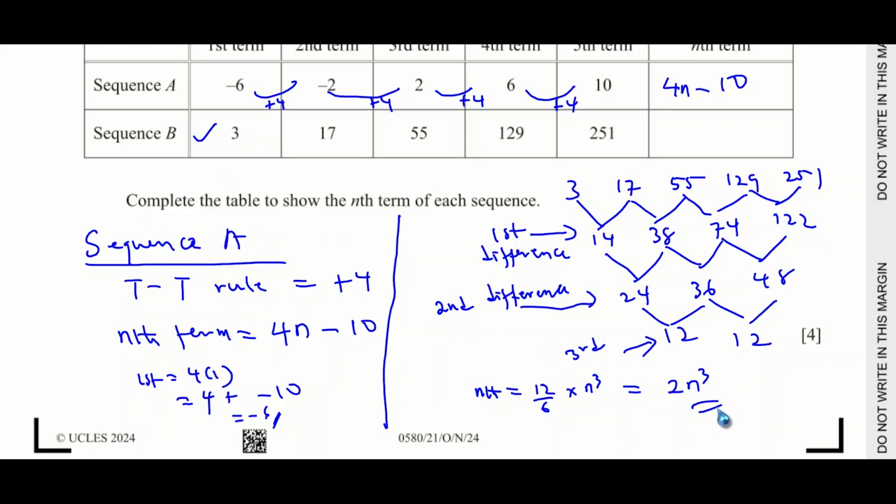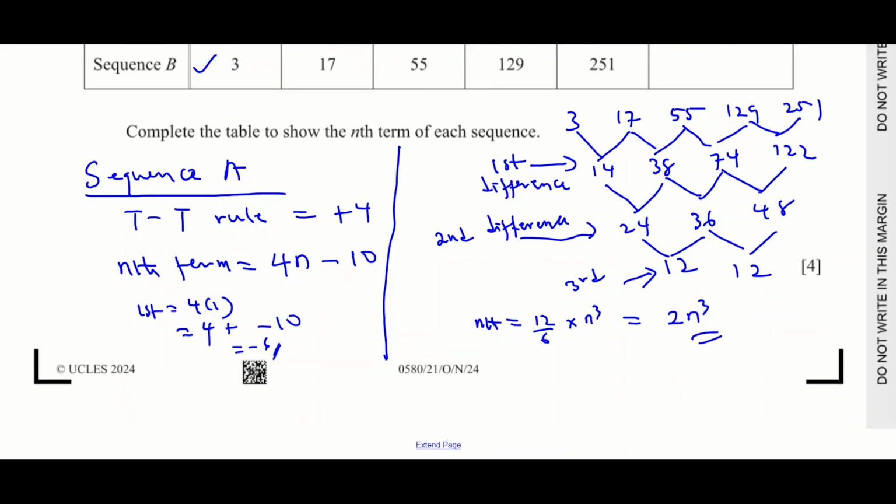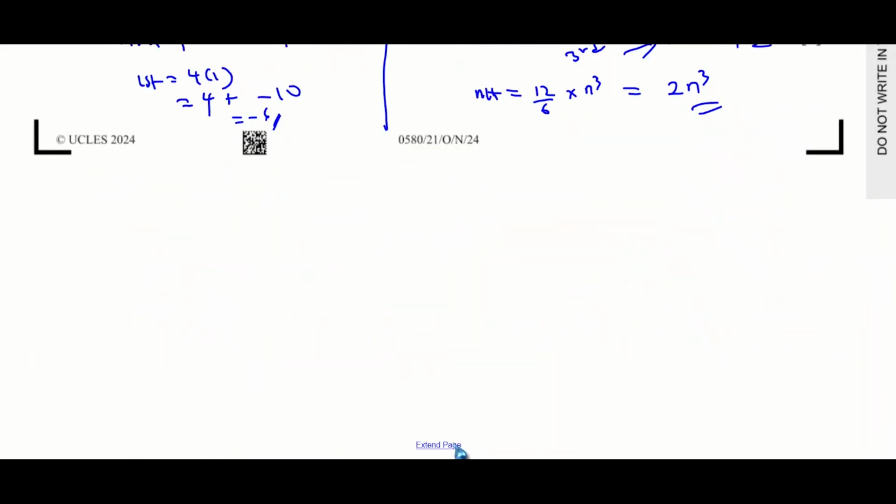So that means we need to use this to generate a new sequence. So I think I can just come down like this. This 2n cubed will give us a new sequence. So this will be, let's say, 2.